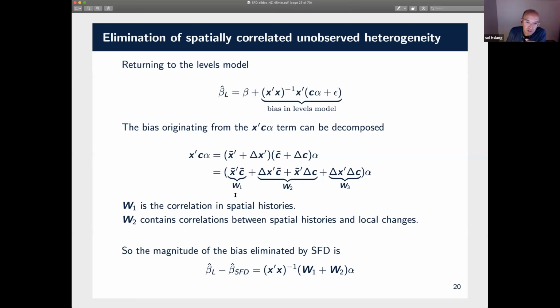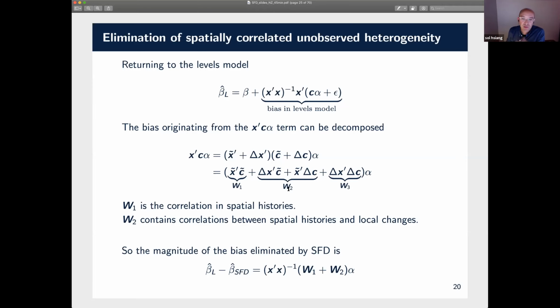So we have these matrices, W1, W2, and W3. W1 is the correlation between each observation's spatial history in the treatment as well as the unobservables. And so this is the problematic term in most contexts, where you have large coherent patterns in some unobservable C that turn up and become correlated with the actual treatment variables you're interested in.